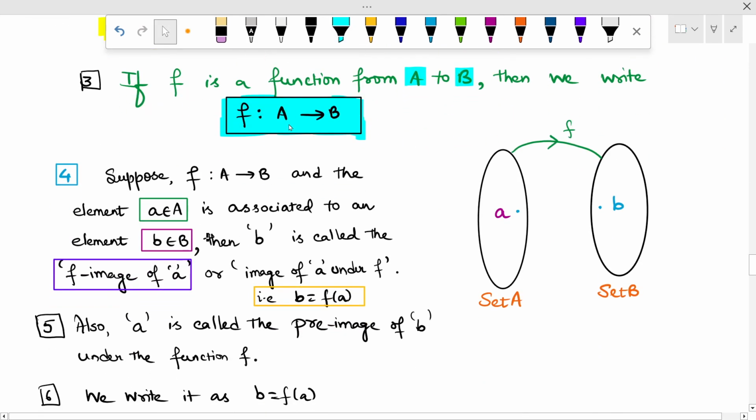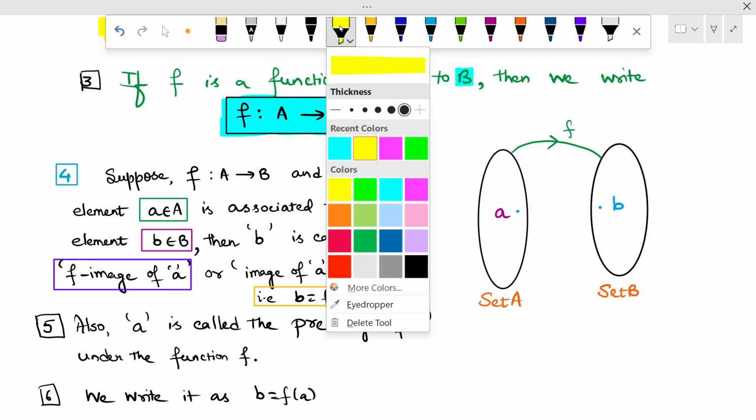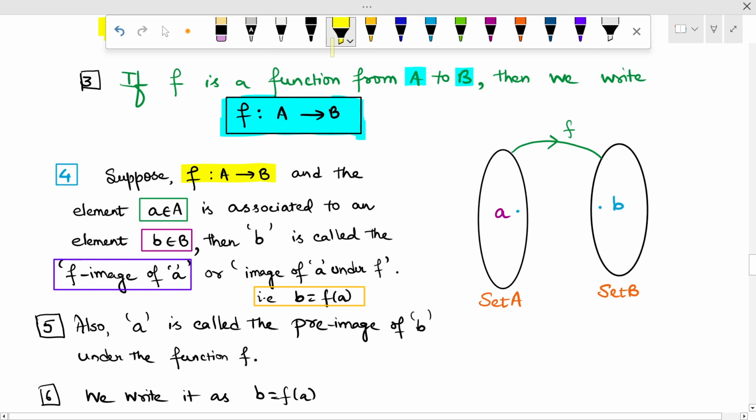Next, fourth, suppose f is a function from A to B and the element a which belongs to A is associated to an element b which belongs to B, as you can see in this arrow diagram. Means a is associated to b. Then b is called the f-image of a, or the image of a under f.